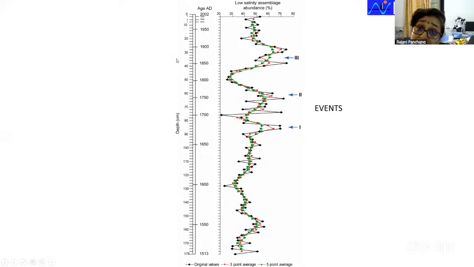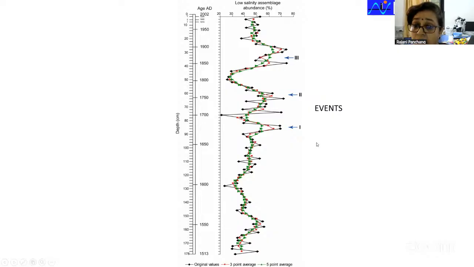I also dated it using lead-210 and radiocarbon dating. Lead-210 for the top 30 years, and then as I went down, I used carbon-14 or radiocarbon dating. On the basis of that, I started plotting my information.